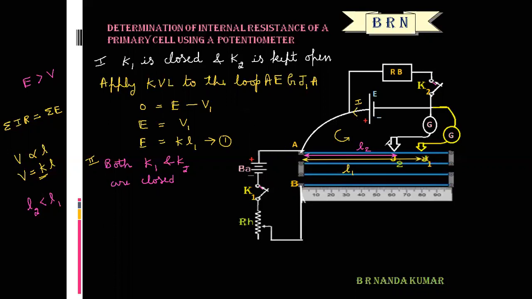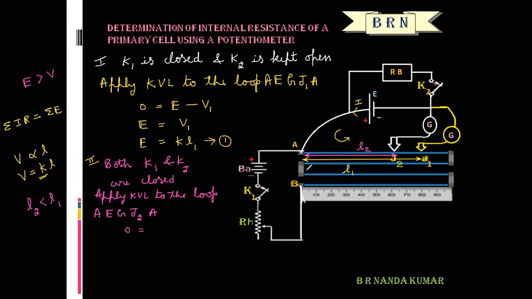Now again apply the Kirchhoff's voltage law to the loop, that is A, E, G, J2, A. So on the LHS, the algebraic sum of the product of current and resistance is 0.